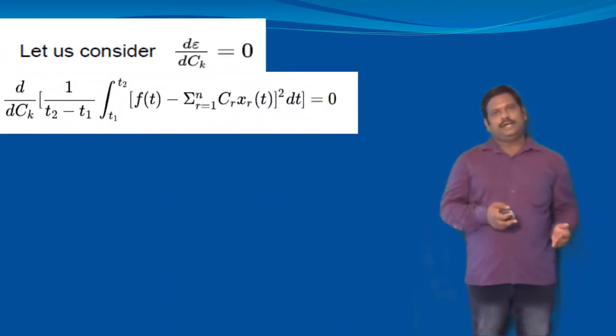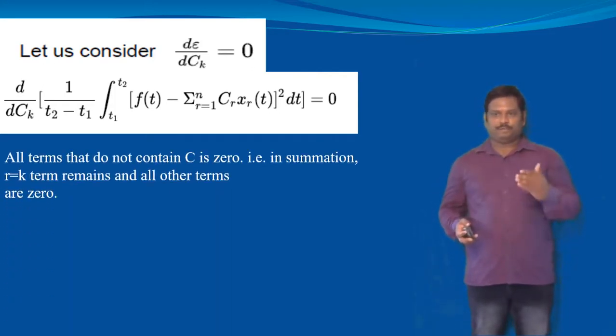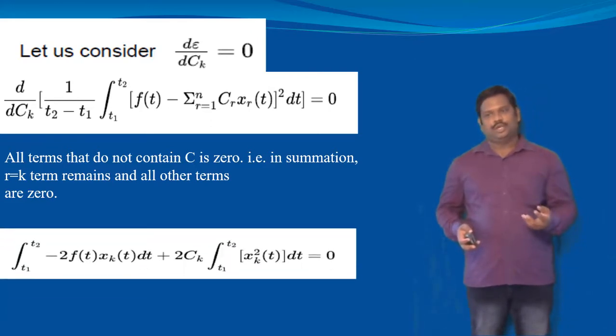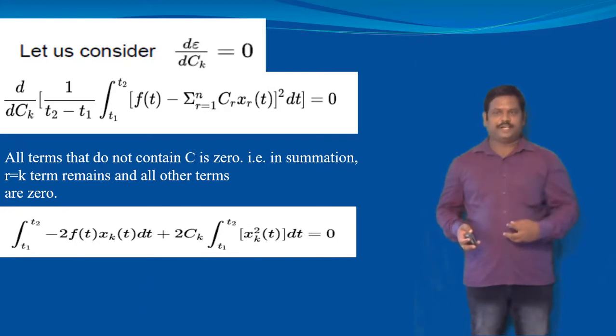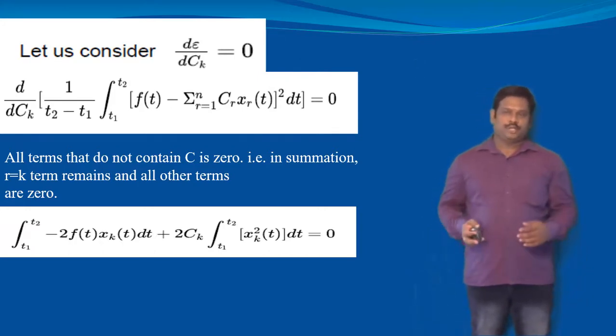That is d by dCk. Substituting the E value and performing the integrations, all the terms that do not contain Ck become 0, and in the summation only the r equal to k term remains; all other terms are zero. Therefore, solving this entire expression, we get the integral of t1 to t2 of minus 2 into f of t xk of t dt plus 2 into ck integral of t1 to t2 xk square of t dt equal to 0.